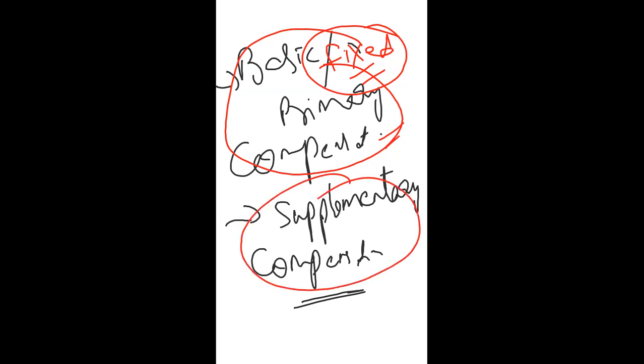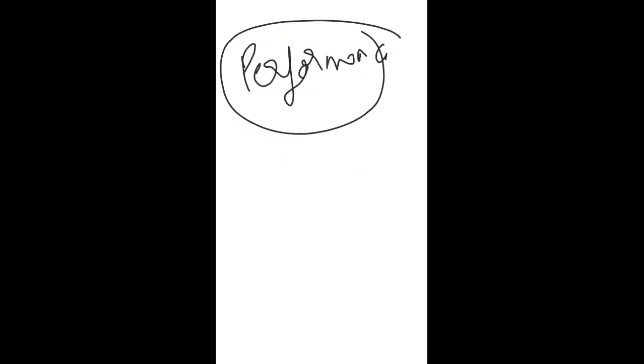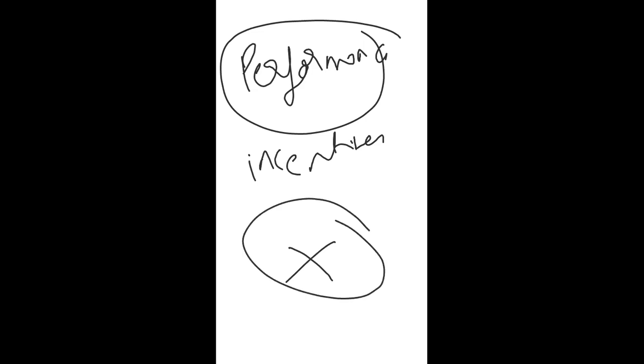Second is supplementary compensation. Now, supplementary compensation is actually depending upon the performance of the candidate. Okay. Now, again, it can be monetary and non-monetary both. And if he works efficiently, he achieved all targets, then incentives can be given to him, commissions can be given to him, and if targets are not achieved, then no incentive, extra income will not be given to him. So this is the secondary part.